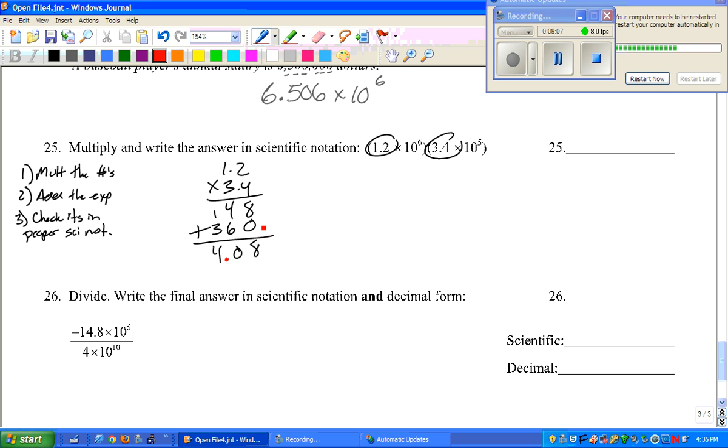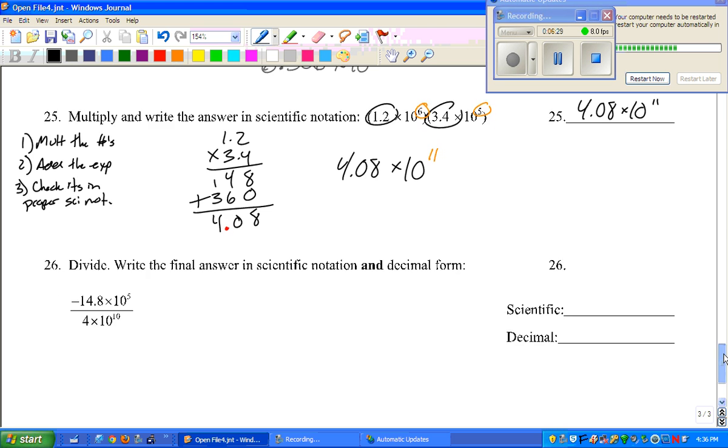So, there we go. We got 4.08. So 4.08 times 10. Add those exponents up. Is that in proper scientific notation? It is. So that's our final answer.